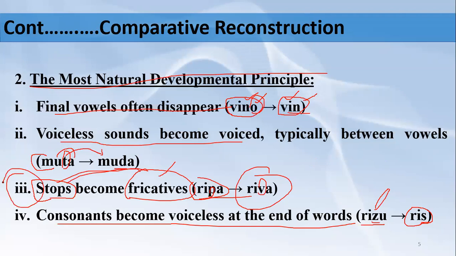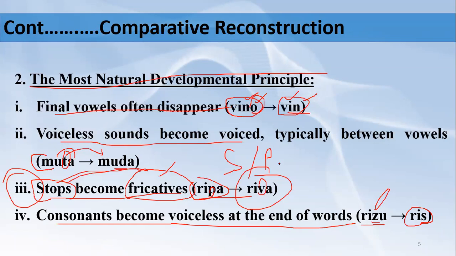If you look at rule number three, stops become fricatives. It means that initially words have got the stop sounds, I mean the plosive sounds such as p, b, t, d, k, or g. These six sounds are the plosive sounds or the stops.